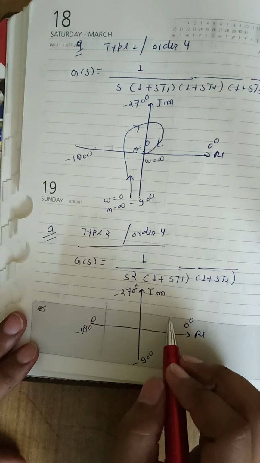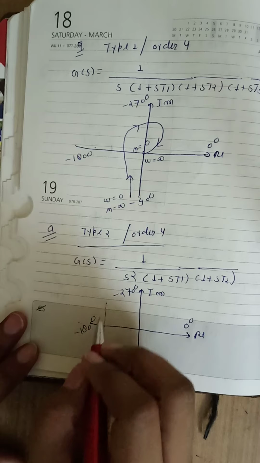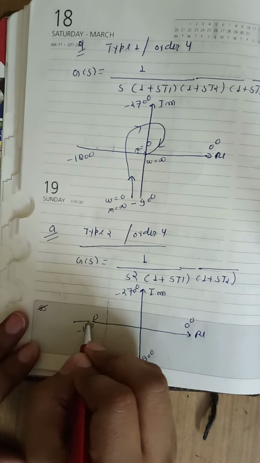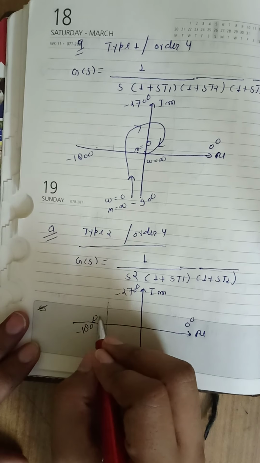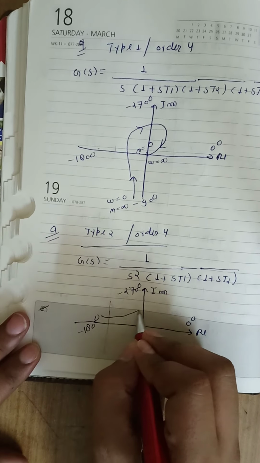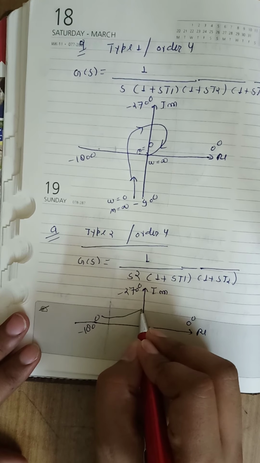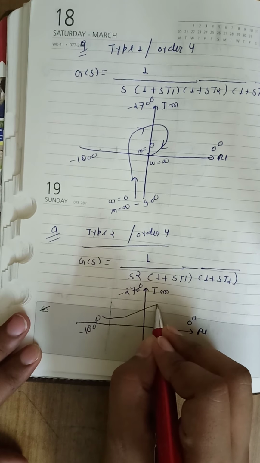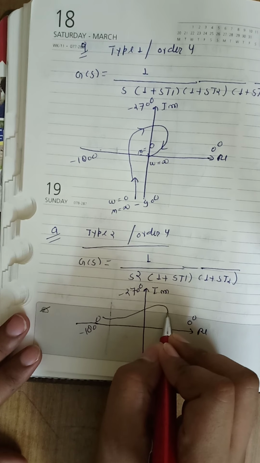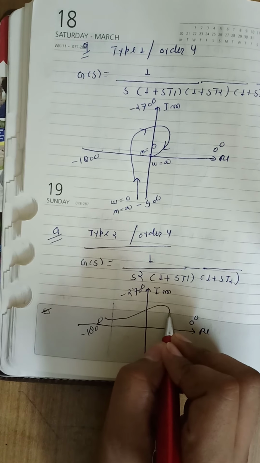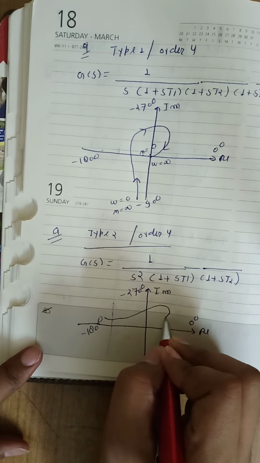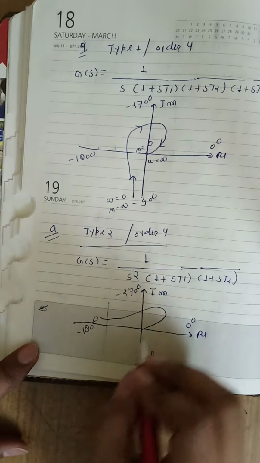Order 4 means it will start from here, and order 4 means it will end in the first quadrant for M equal to 0.